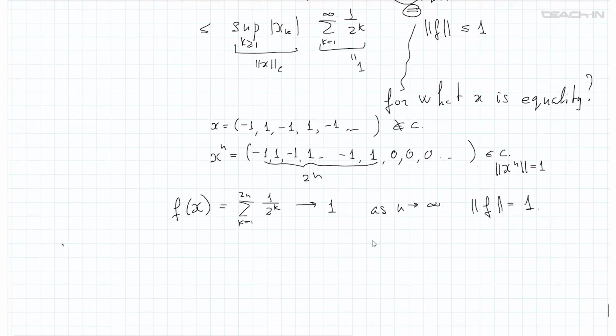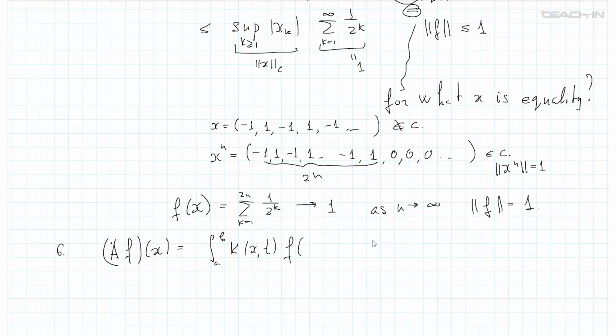Sixth example. Let's consider the space. The operator A, f at point x, is an integral with some function k(x,t), such functions are named the kernel, or the core, of the integral operator.